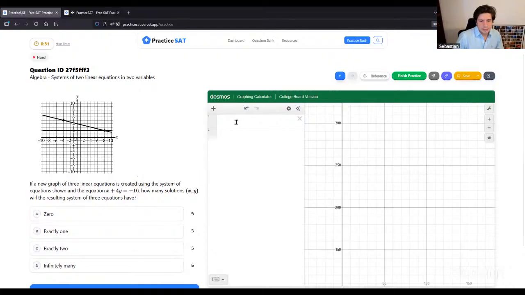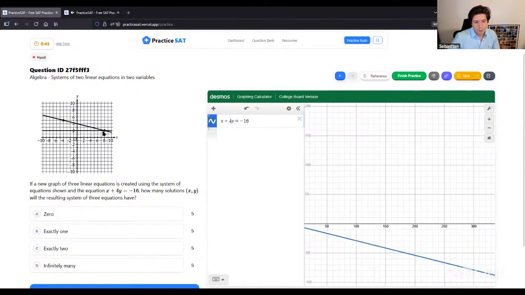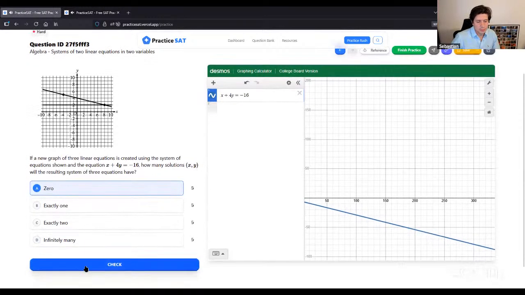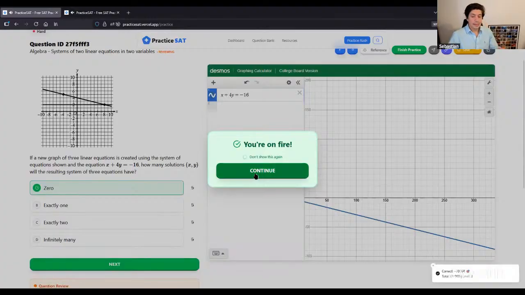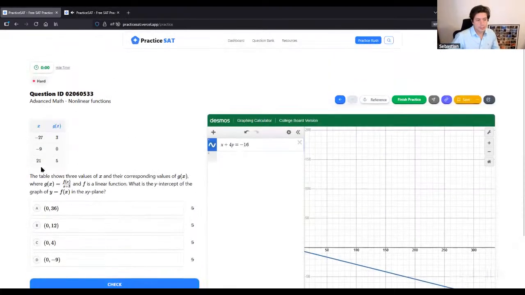So we graphed x plus 4y equals negative 16. Let's see what that does. I'm thinking it's 0, actually. Yeah, because all three would have to cross at this point, and they don't do that. So it's going to be that. Exactly. Even though it crosses each of the other lines once, the solution for all three is when all three meet at the same position. So nice job, Miss Hustle. You're nailing it.